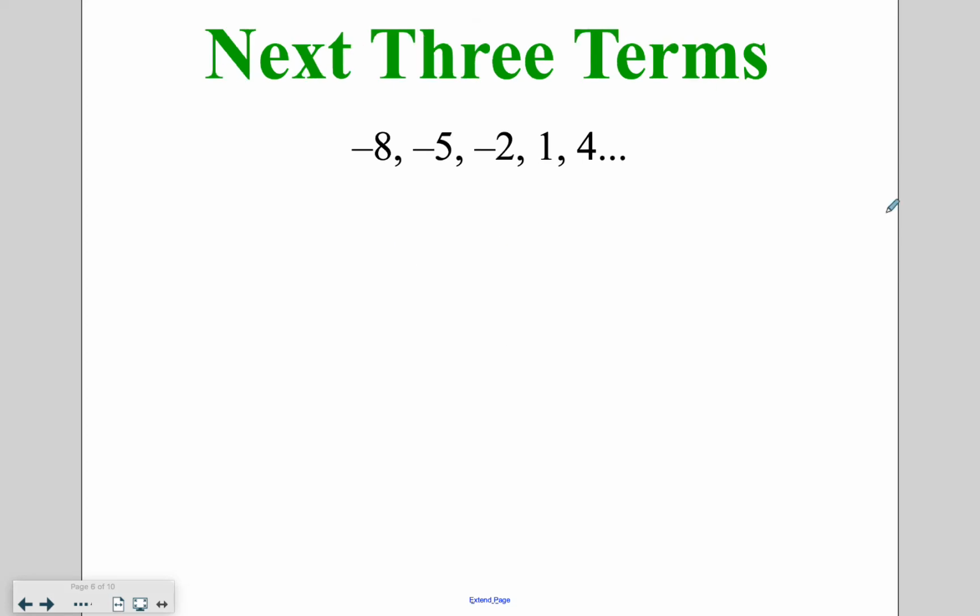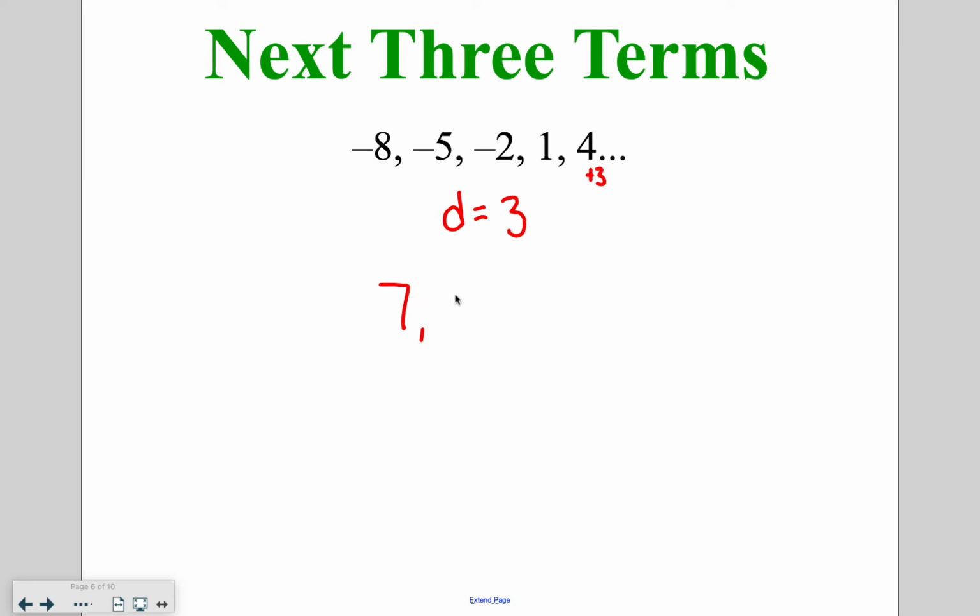So once we have a sequence, the next thing we can do is add onto it. So going back to that example from the first one I did, where I had negative 8, negative 5, negative 2, positive 1, positive 4, my common difference was adding 3. So my next term then, after 4, would be 4 plus 3, which would give me 7.